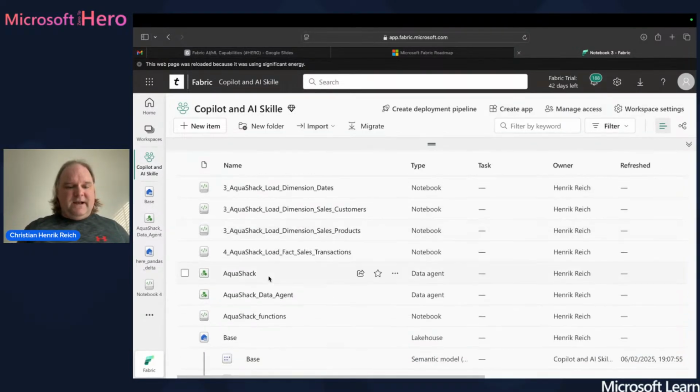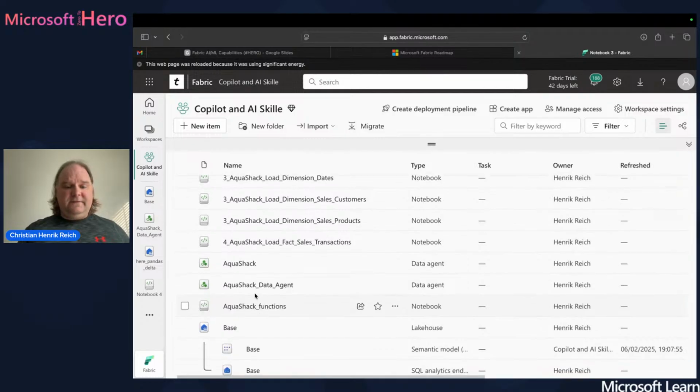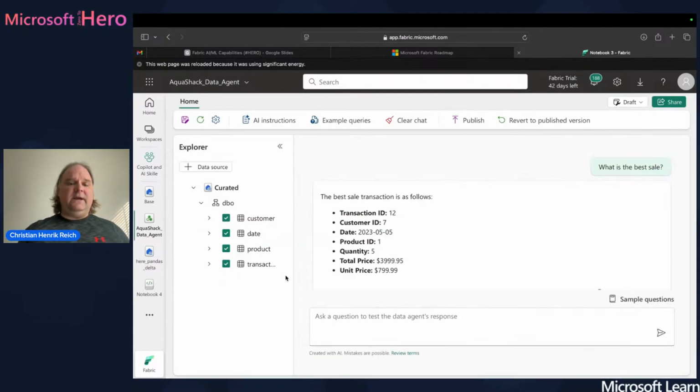So I have a lakehouse. I have some data in my lakehouse, and I would like to expose this data to natural language. So I have selected my curated. I'm using the so-called medallion architecture, where we are using bronze, silver, gold. That's three different lakehouses or storages.